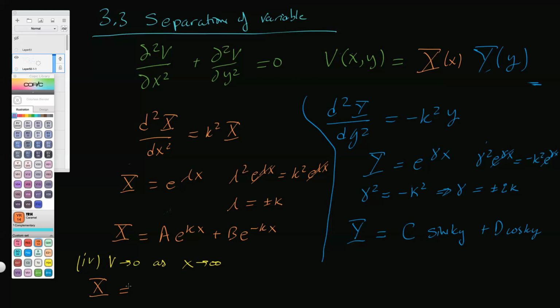Set what equal to 0? Big X? No. So this becomes B e to the minus kx because A has to be 0. So you just solve for it. Okay, so now we've done that. That's nice, that's an easy one.